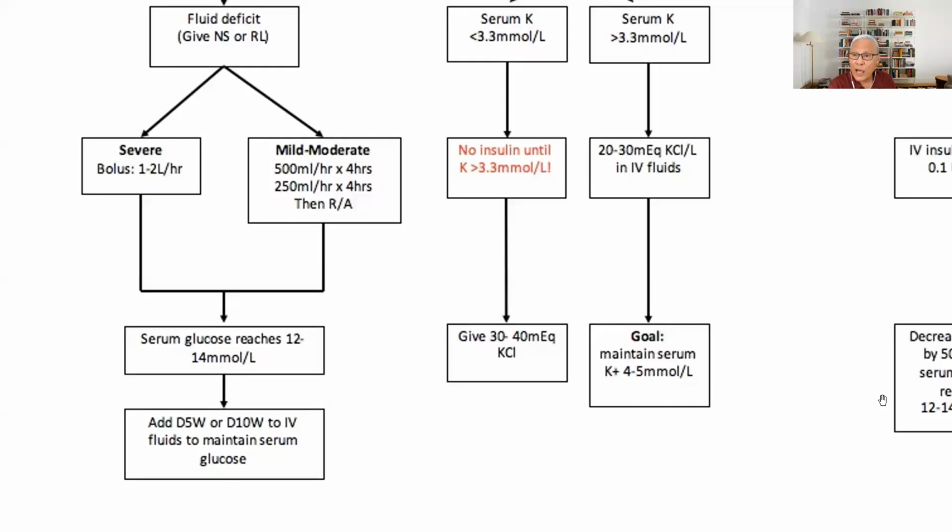The reason is we need to continue with metabolic activity. If we're depleting all the glucose by hydrating, the patient is going to go back into producing more ketones. So that is the way that we would do it.